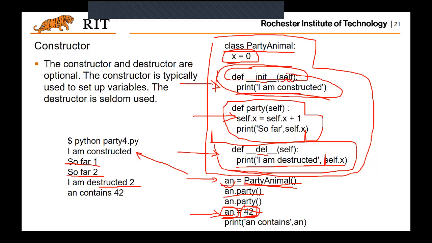That's why you have this "I am destructed" printed. Basically, the destructor was run, and this line was printed. That shows how the constructor and the destructor are utilized.